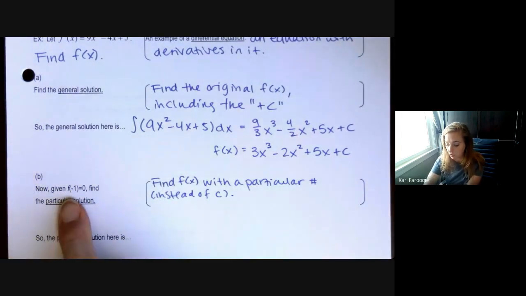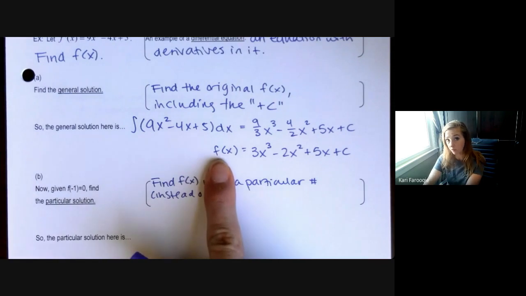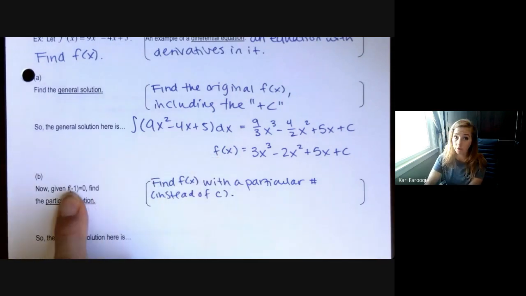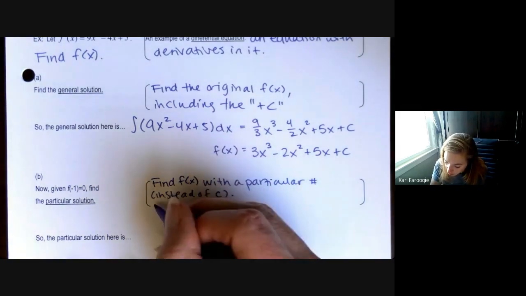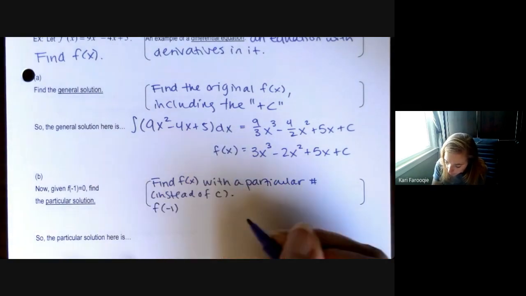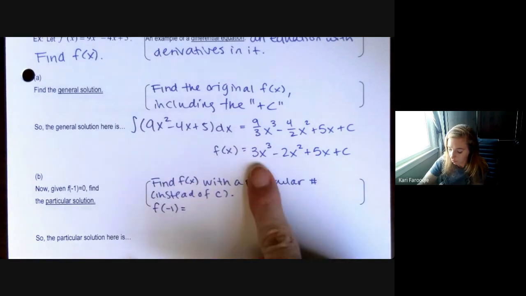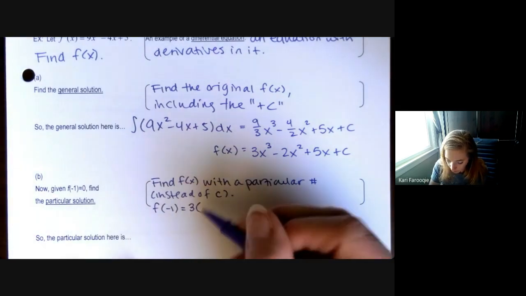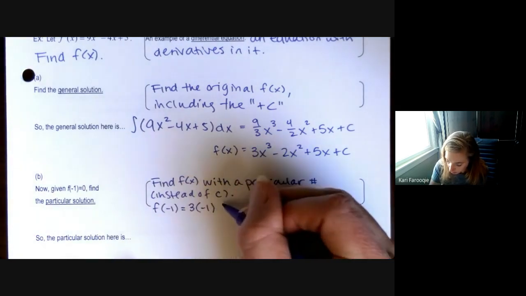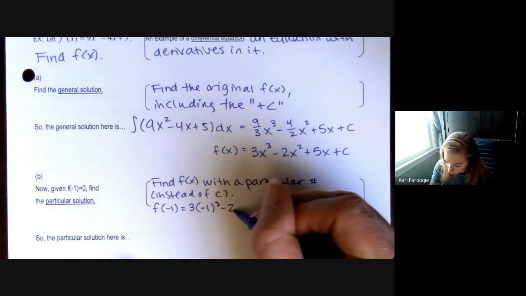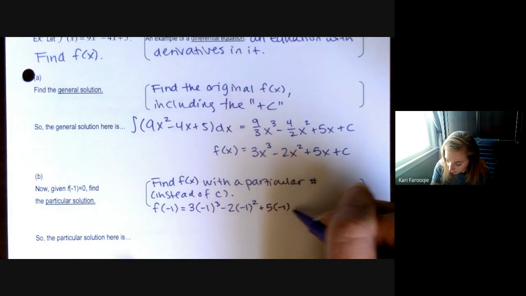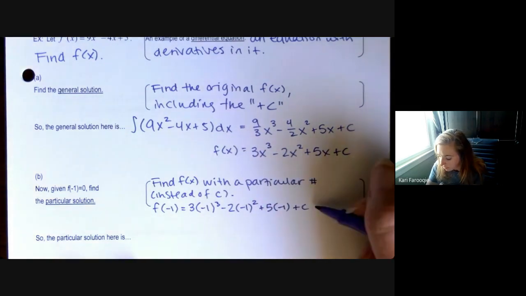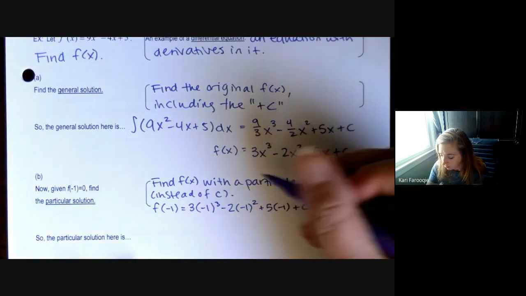What I'm going to do is I'm going to take my f of x function and I'm going to find f of -1. So I'm going to say, all right, f of -1 equals 3 times -1 cubed minus 2 times -1 squared plus 5 times -1 plus c, and that equals 0.